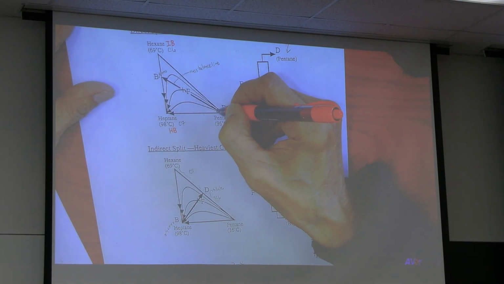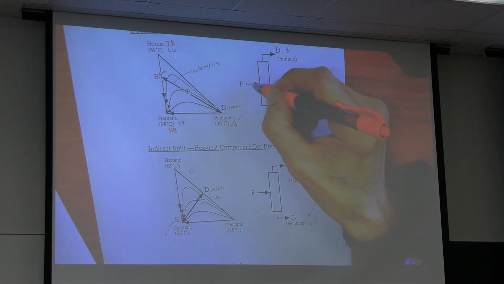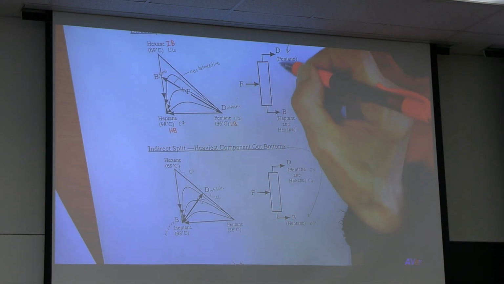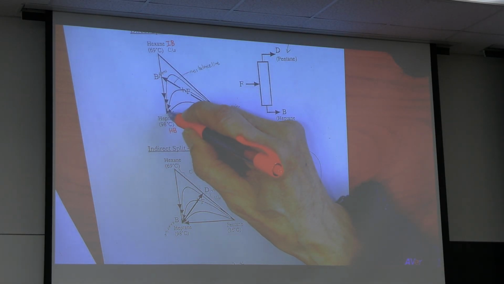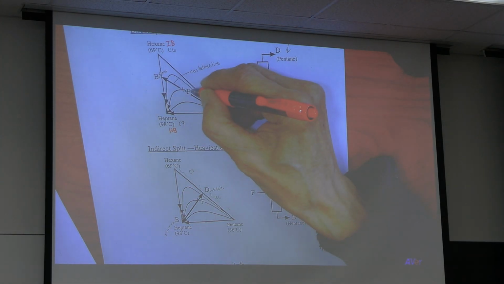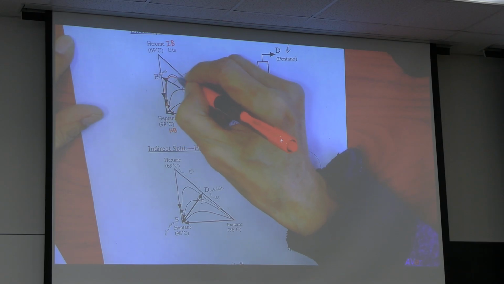Your residue curve or you go through a distillation. Low boiling is your distillate. High boiling is your bottom. Now, this is what RC means.